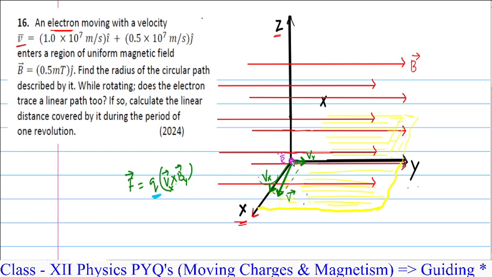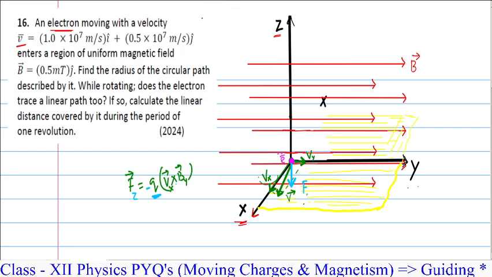But as it is a negatively charged particle, the direction of force will be along the negative z direction. So force will be acting vertically downward, along negative z. The negative sign is placed due to the negatively charged particle.